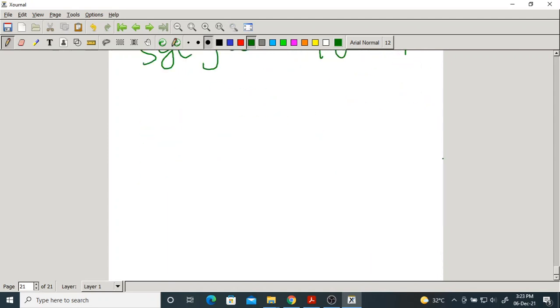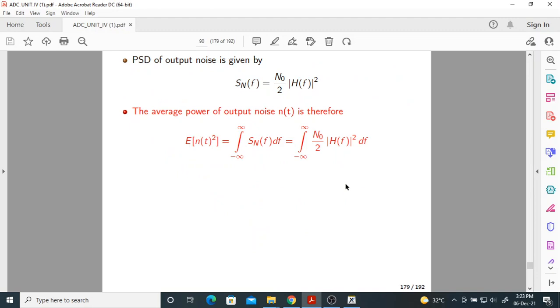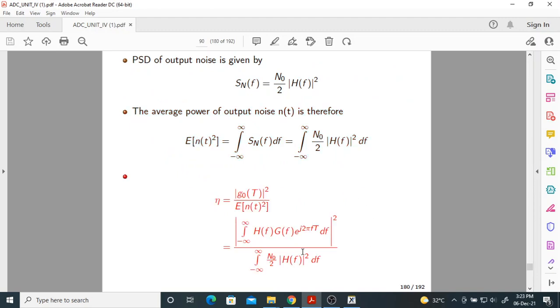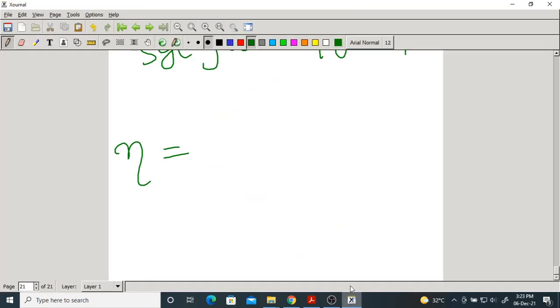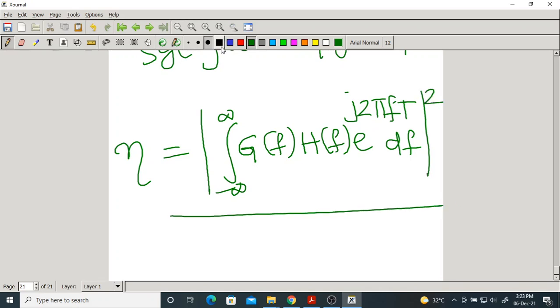Now finally, what is eta? Let me write carefully. Eta equals mod of the integral from minus to plus infinity of G of f H of f e power j 2 pi f T df, whole square. That is the signal power, divided by the noise power.